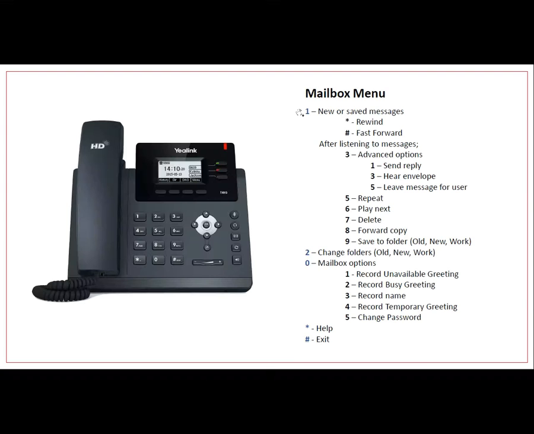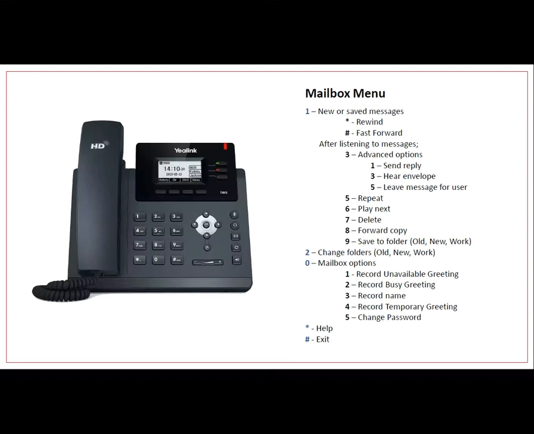Most of the time when you access your mailbox, however, you're going to be pressing 1 to listen to new or saved messages. We have our handy helpers while we're listening to messages, which includes the star and the pound. The star allows us to rewind the message in 5-second increments. So if somebody rattles off a telephone number very quickly and you cannot understand all the digits, you can press star and you'll back up 5 seconds each time you do.